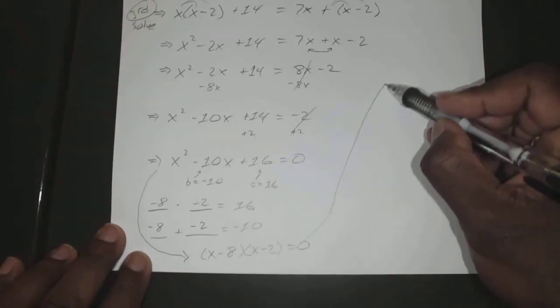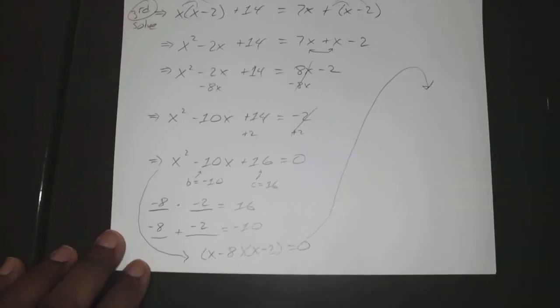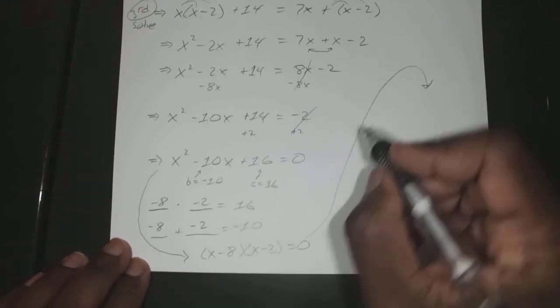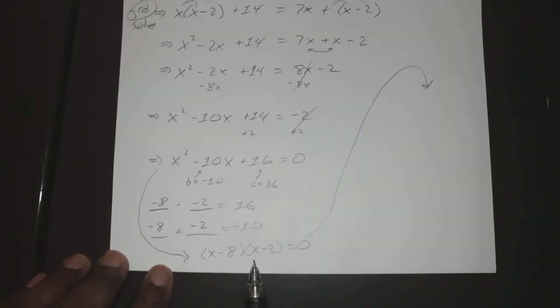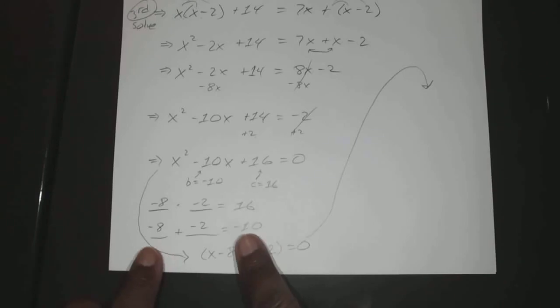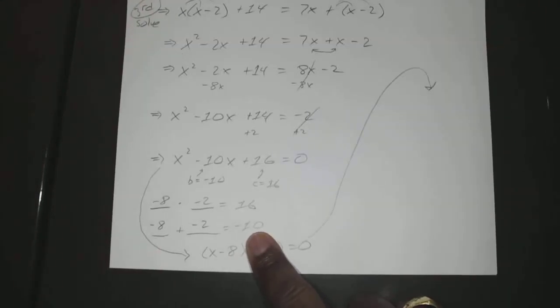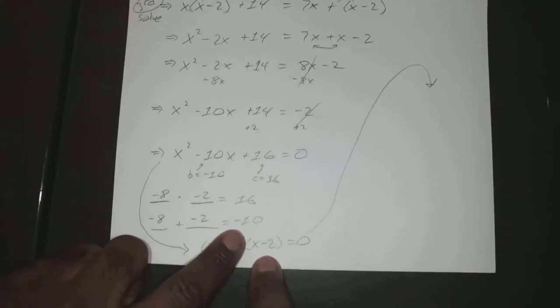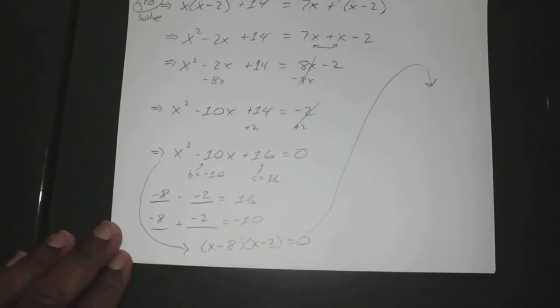I'll bring this up here because it's only a few little steps left. If you have x minus 8 and x minus 2, anything times 0 will be 0. It doesn't matter what it is. If you make this factor 0, 0 times whatever the other is will be 0. Or if you make this one equal 0, it's going to equal 0.